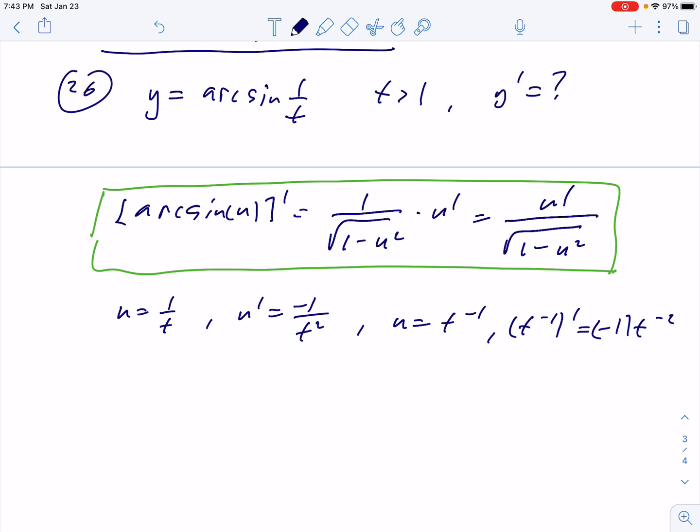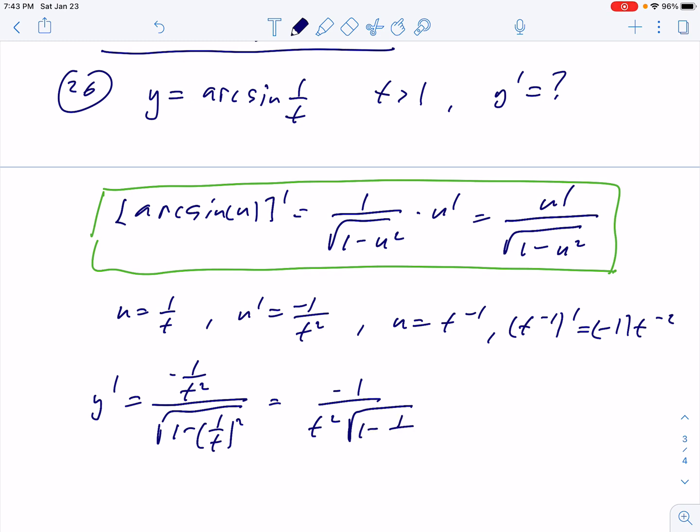Okay, in our problem we have y prime, u prime here on top, negative 1 over t squared, and the denominator root of 1 minus 1 over t, all this squared. We can write this like negative 1 over t squared, and here below we have root 1 minus 1 over t squared.